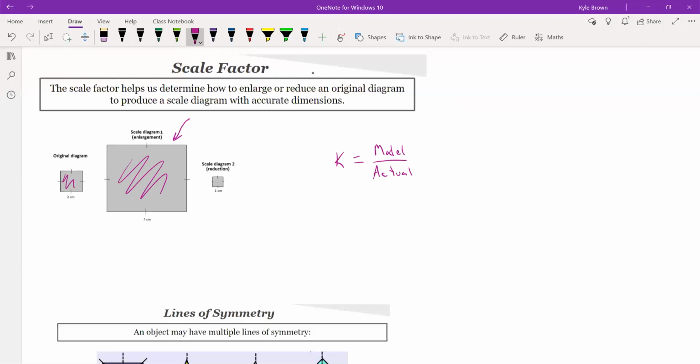And I wanted to figure out the scale factor of turning the original into the model. Well, that's as simple as saying K is equal to, and then I can pick any side length. They're all the same because it's a box, but we'll say the model is 7, and the actual is 2. So there you go. The scale factor is 7 over 2. You could divide that, 7 divided by 2.